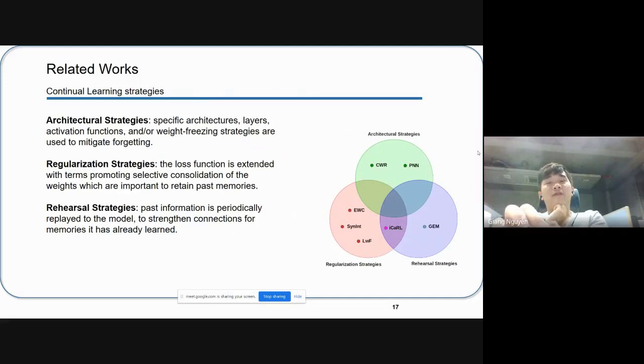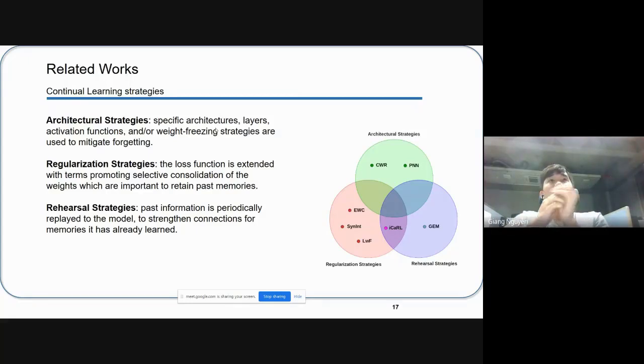And I got this figure from Vincenzo, and I quite agree with this categorization, as at this time continual learning algorithms are divided into three strategies: architecture, regularization, and rehearsal. So in architecture, we somehow tweak the architecture to adapt to new tasks without forgetting the old problem.